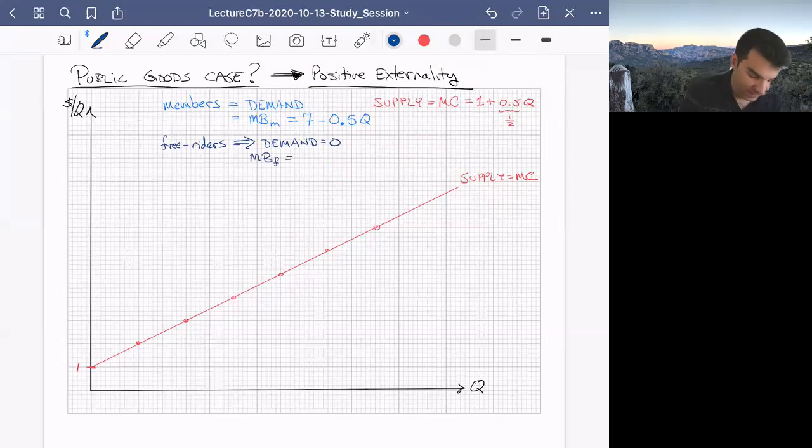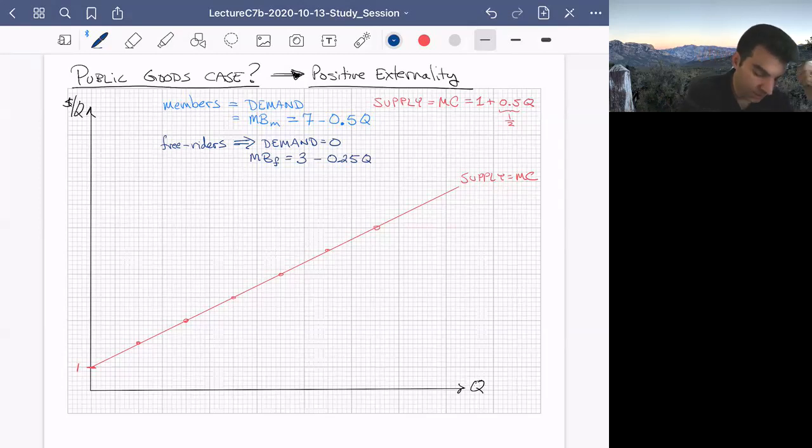So I'll say their marginal benefit is, I don't know, 3 minus Q. That's a little steep. Maybe I'll do 3 minus 0.25Q. All right, so that's the key difference between these 2 groups: one of them contributes to demand and the other one doesn't.